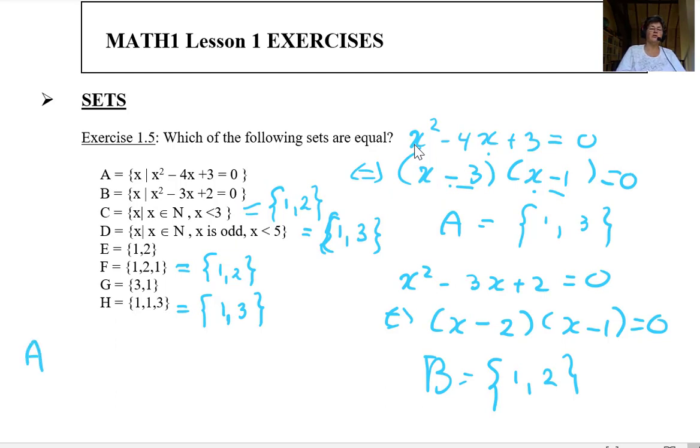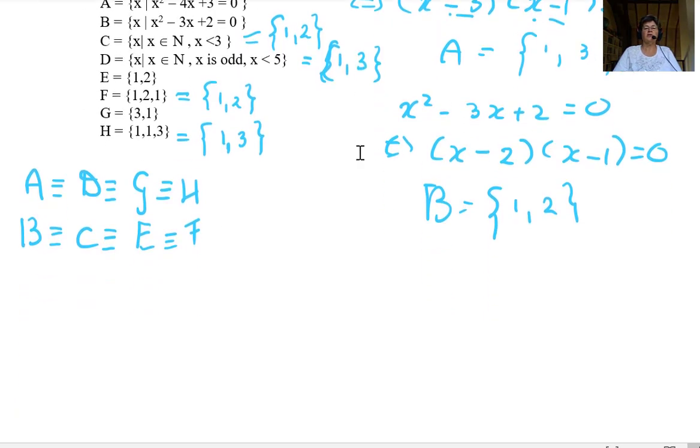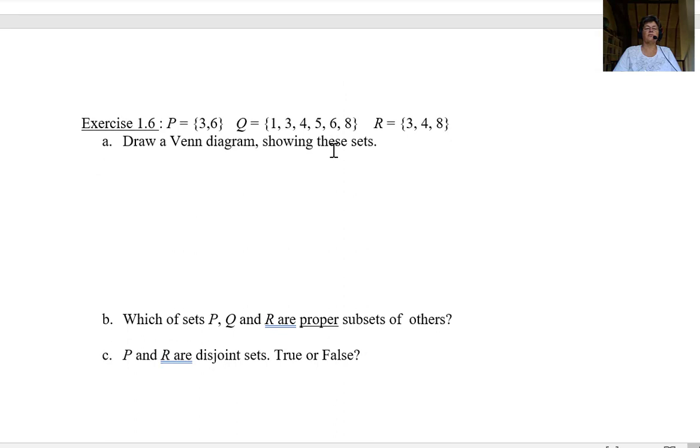A is equal to set D, is equal to set G, and equal to set H. And then B is equal with C, equal with E, and equal with F. Okay, that was doable. Let's look at the next exercise.